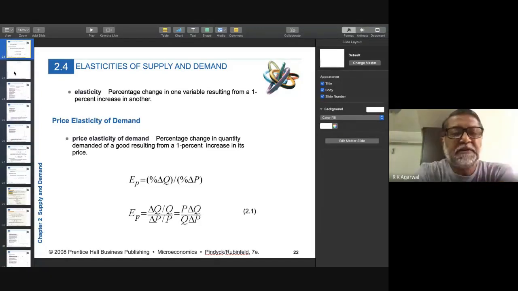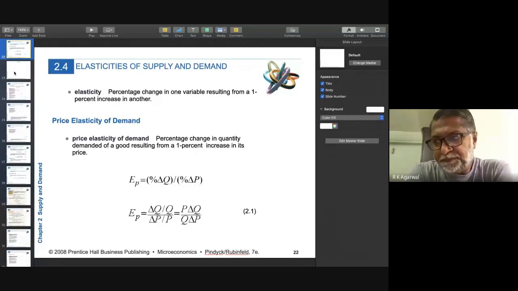So after having discussed these things briefly, today we turn our attention to a very important concept in economics called elasticities of supply and demand. If you recall the law of demand, it says that higher the price, lower the demand, and lower the price, higher the demand, other things remaining the same.